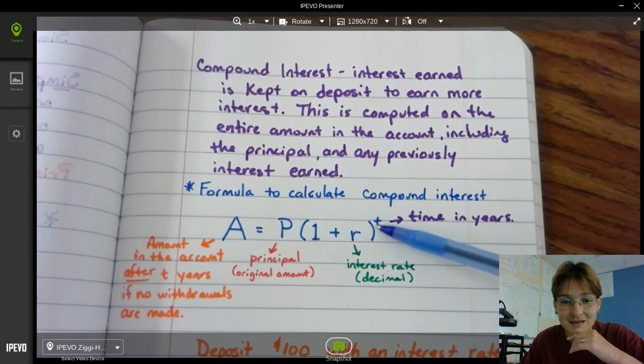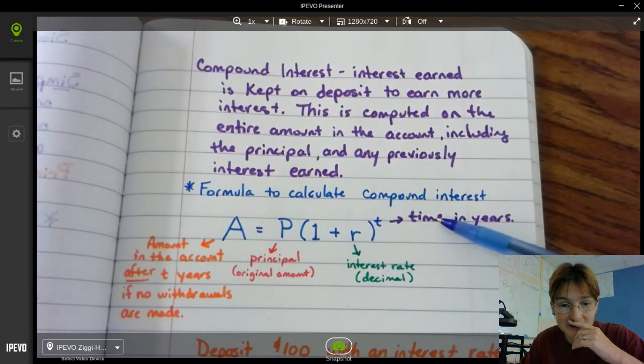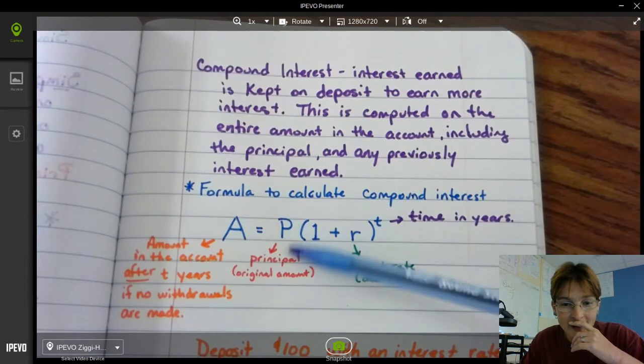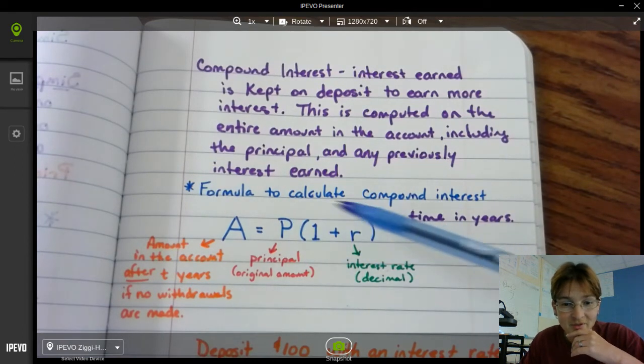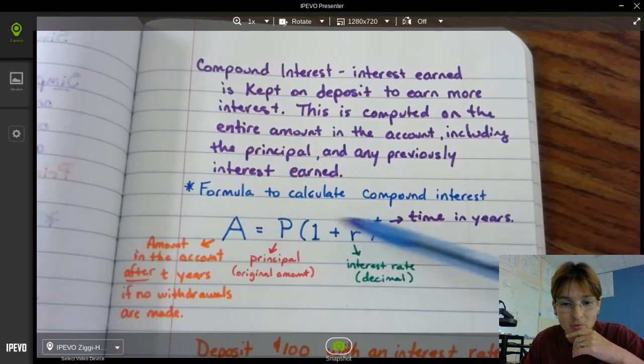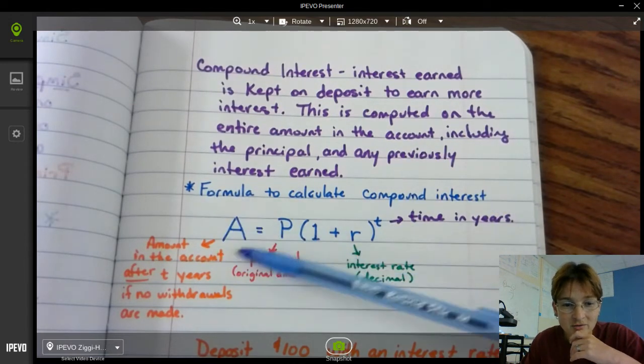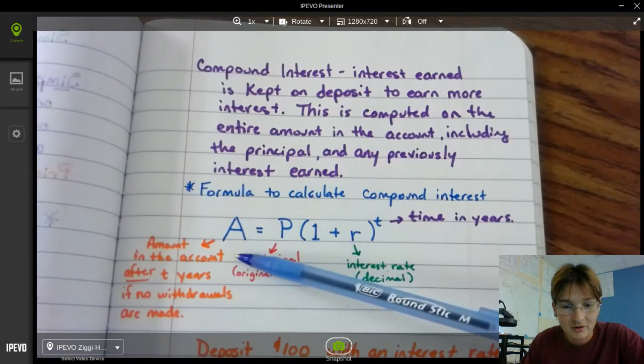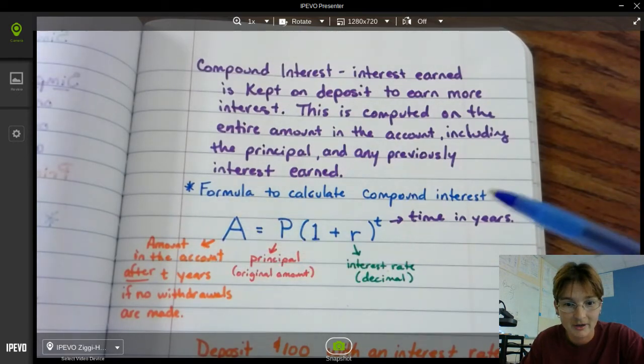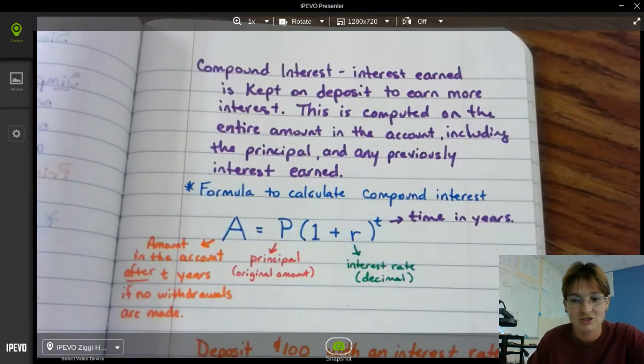And then T is an exponent now, and that is your time in years still. So your letters still mean the same thing, PRT: principal, rate, and time. You now have the amount after so many years, what you've earned after so many years, whereas the I was just what you earned for that 1 year.